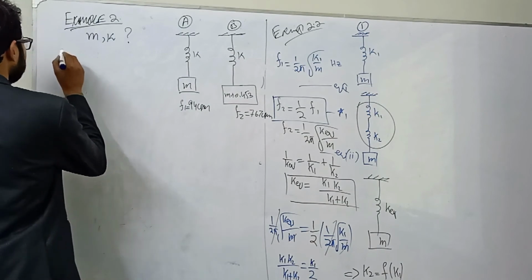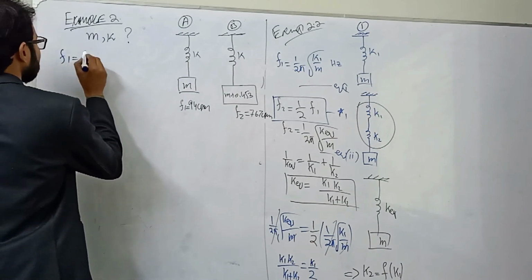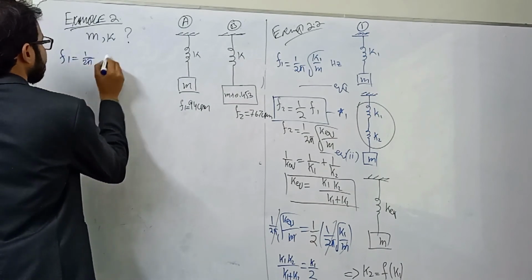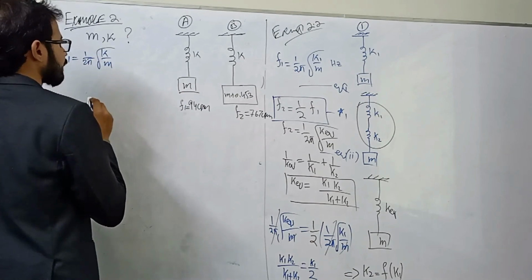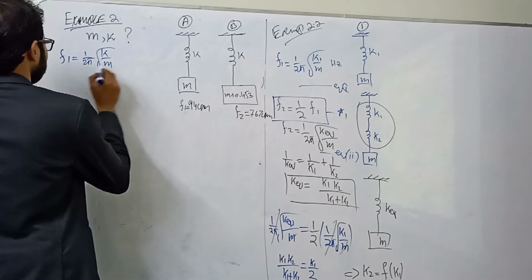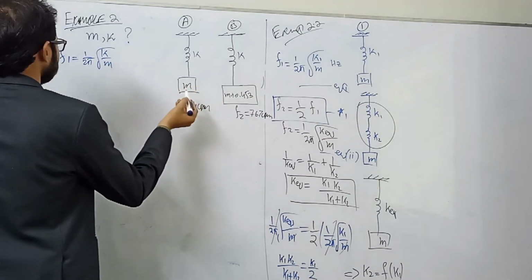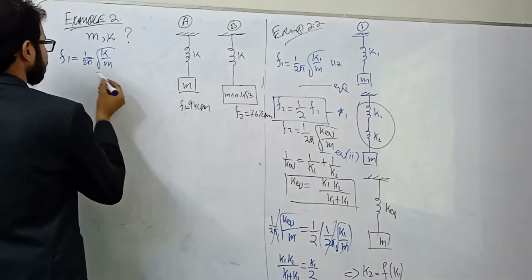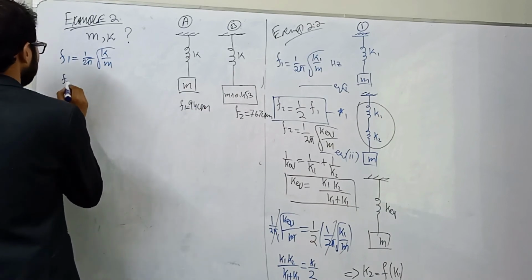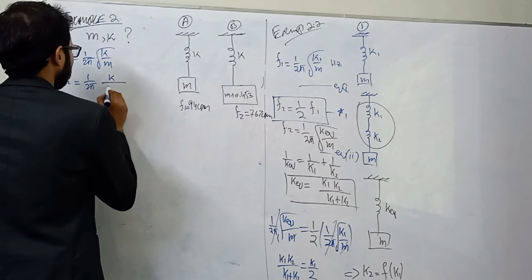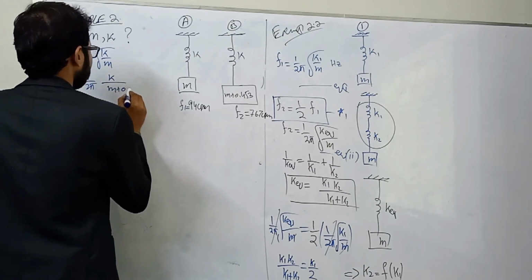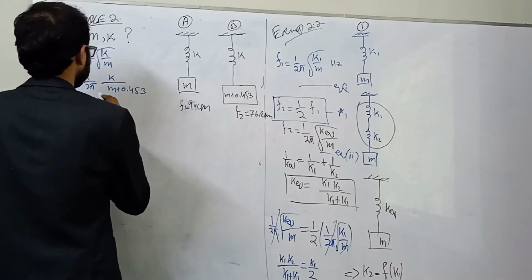So in the first case we have Fn is equal to 1 divided by 2 pi square root of k divided by m, and in the second case, F2 is equal to 1 divided by 2 pi square root of k divided by m plus 0.453.